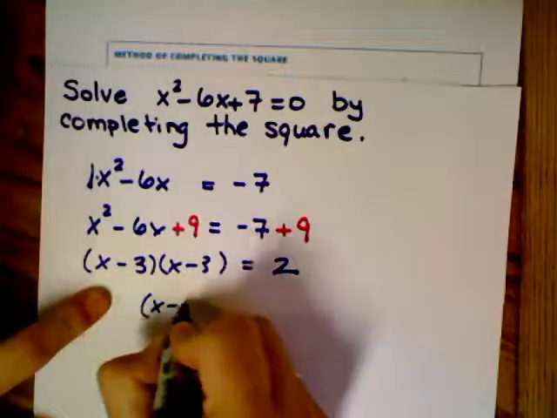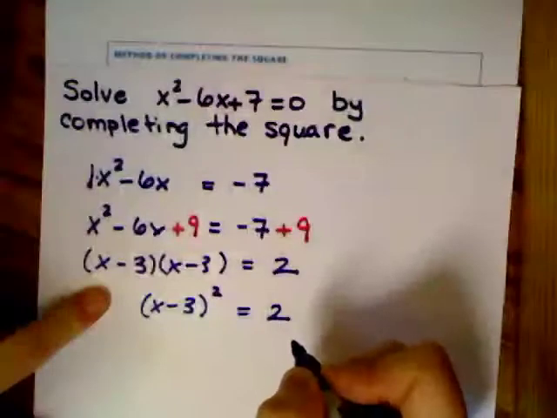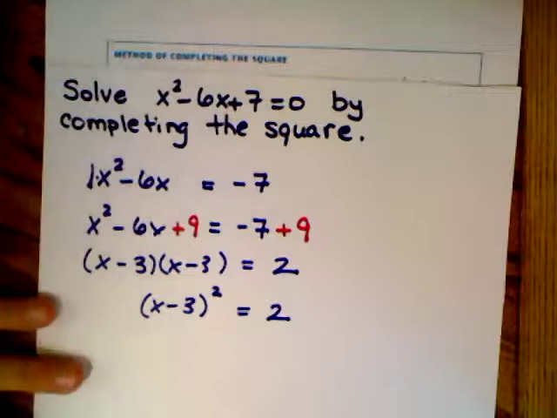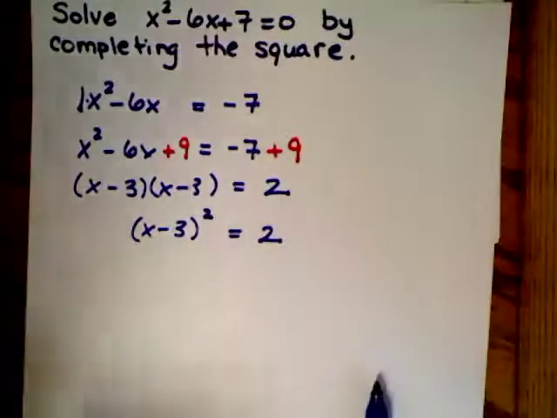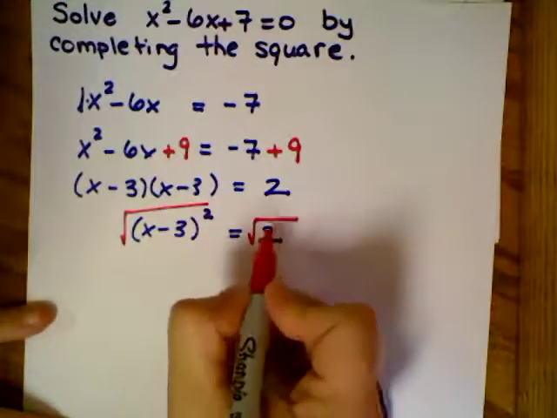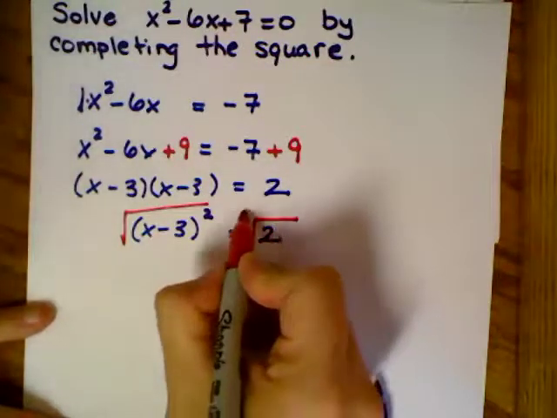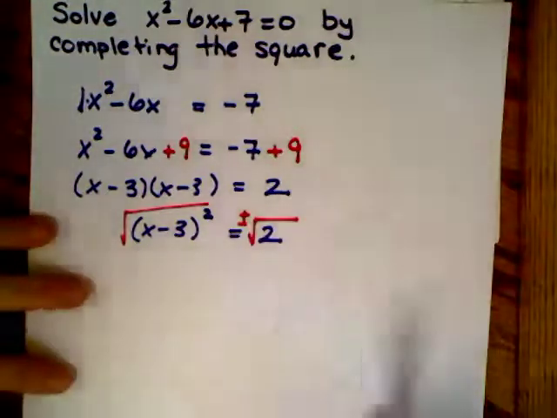We get x minus 3, the quantity squared, equals positive 2. Now to get x by itself, we do need to take the square root of both sides. But when we use this technique to solve equations, we need to remember that we get two possible roots, the plus and the minus.